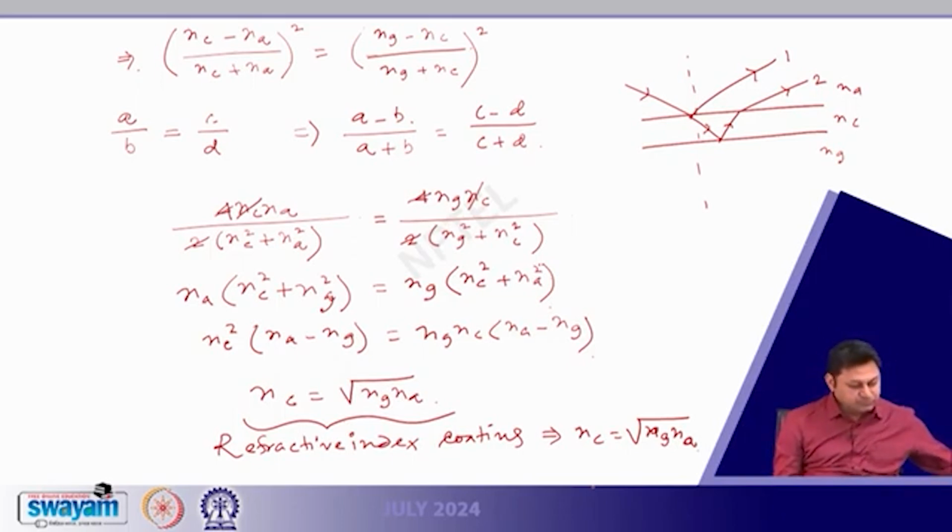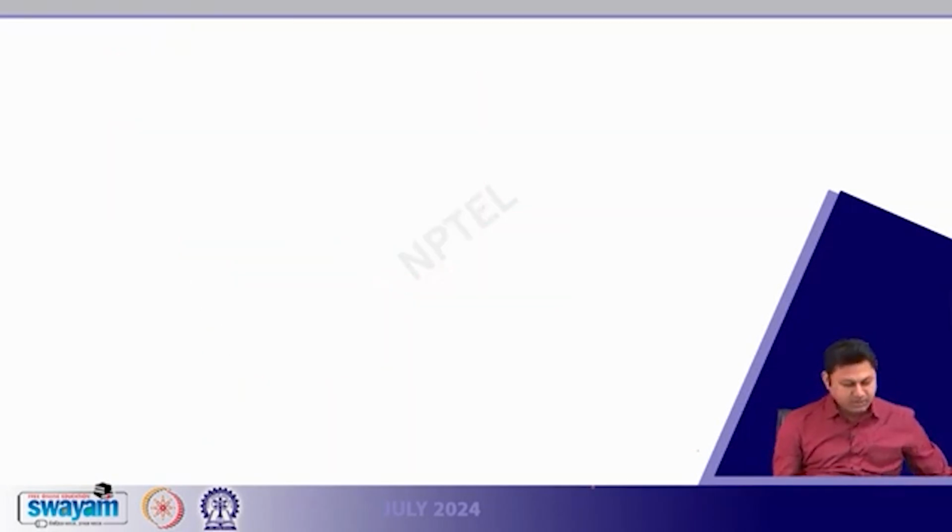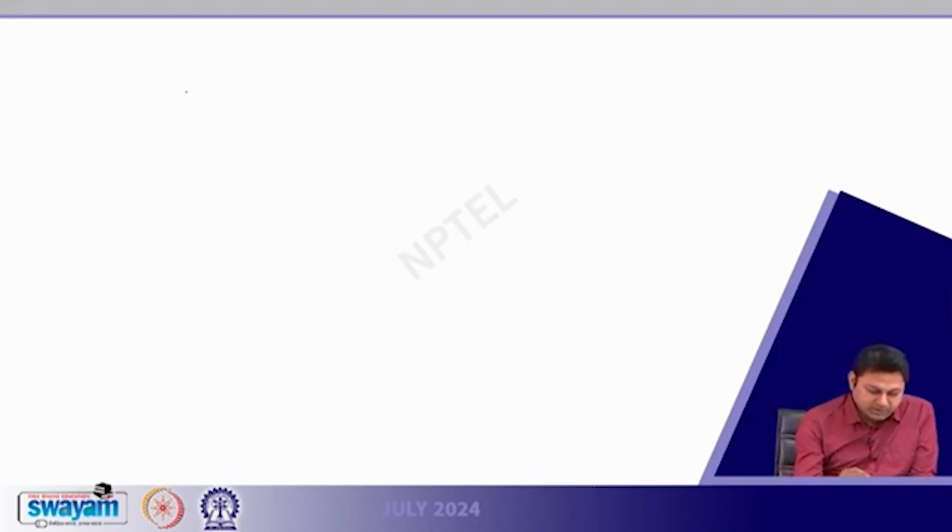Now, from this nature we can also find out, once we know the refractive index of the coating, what should be the thickness of this coating. So, next we need to find out the thickness of the anti-reflecting system.